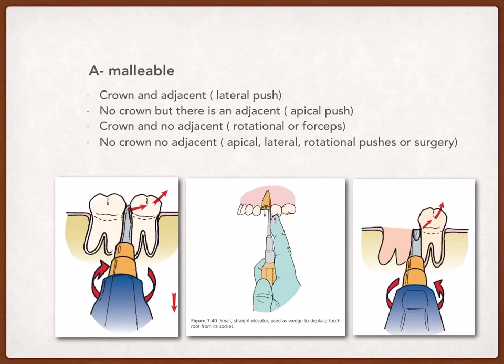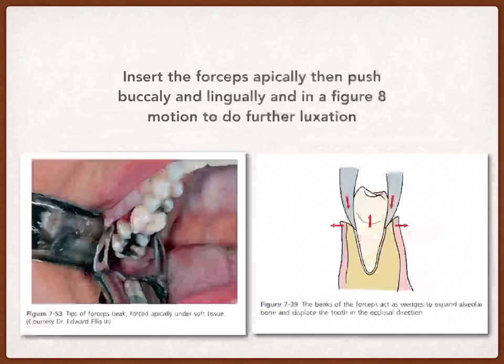In this situation, the luxation procedure is done by using apical pushes, lateral pushes, rotational pushes, or if all of these pushing forces are not applicable, we shift and do a surgery for that tooth by opening a flap, removing bone, and making a purchase point, then retraction of the tooth.